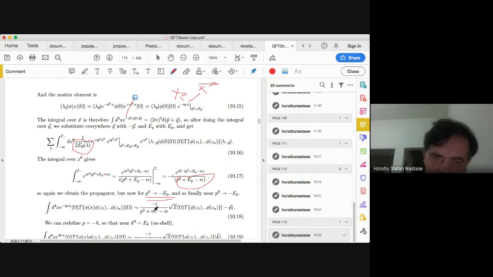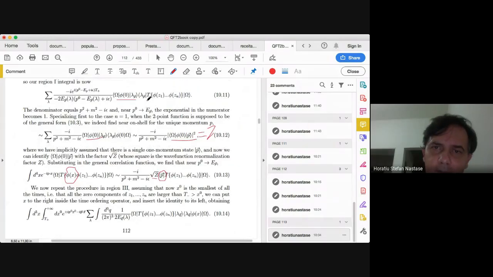I still get the free propagator minus i over p squared plus m squared minus i epsilon. And again, as before, I get this thing, which we've seen is square root of z.